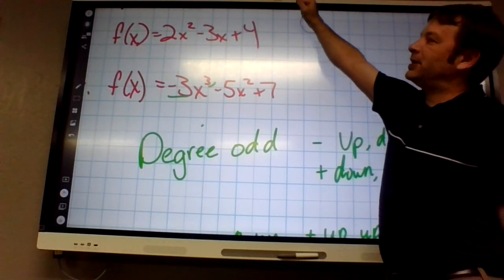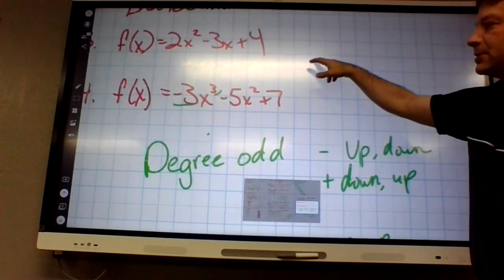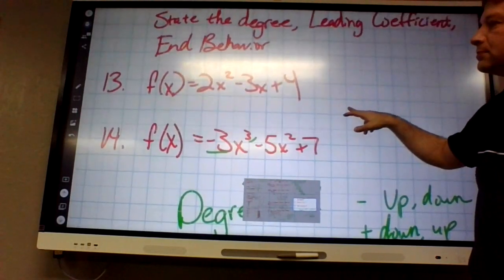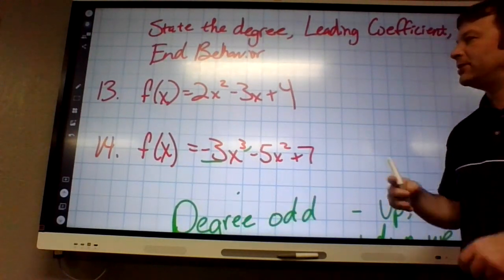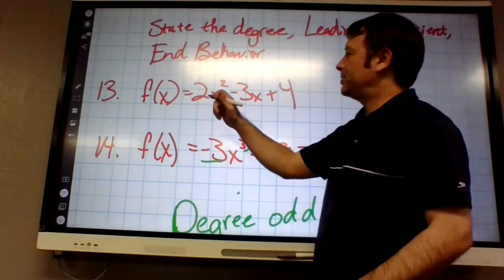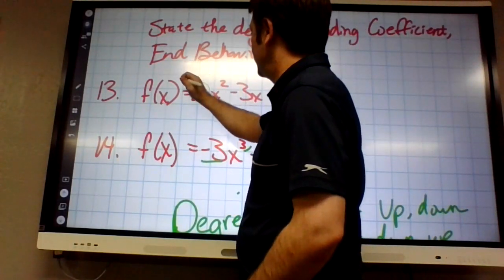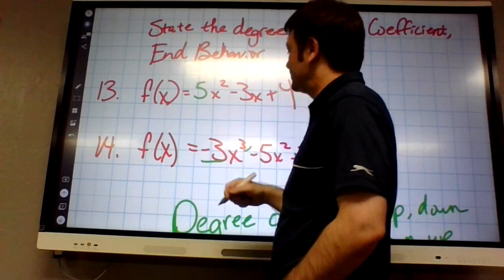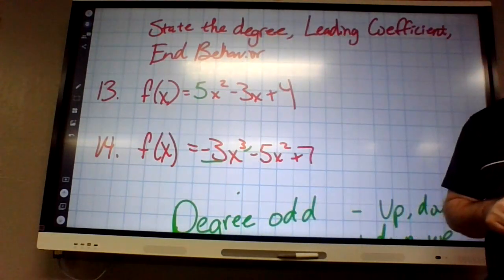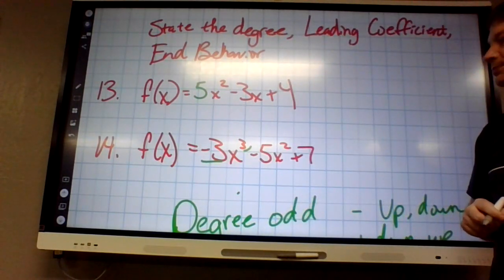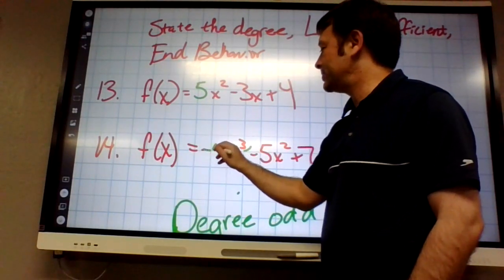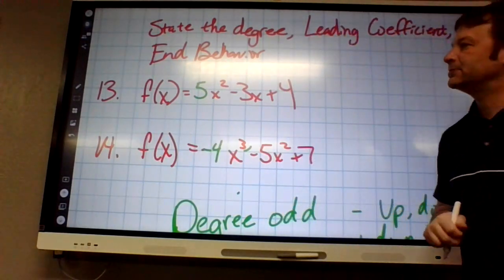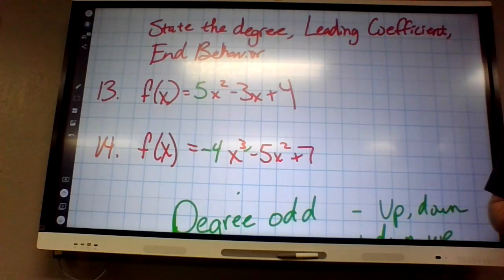It just says state the degree, leading coefficient, and behavior. I should have chosen different numbers so they didn't look the same. Let's put a 5 right there, and a 4 right here. It doesn't really change the answers.